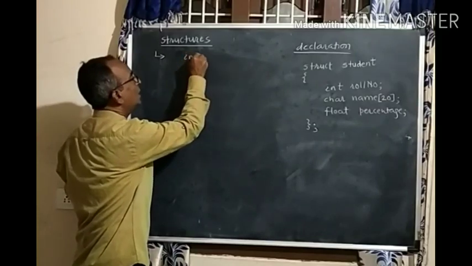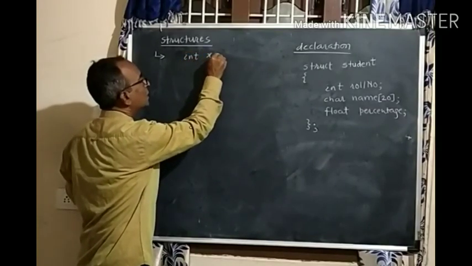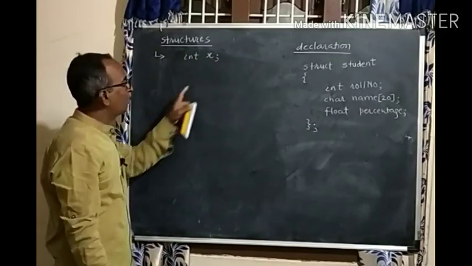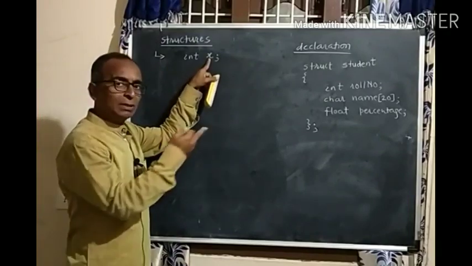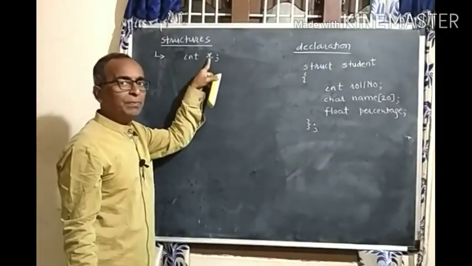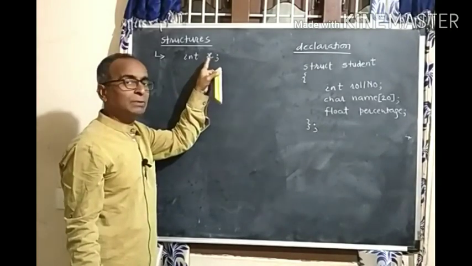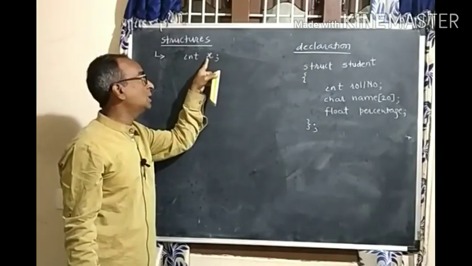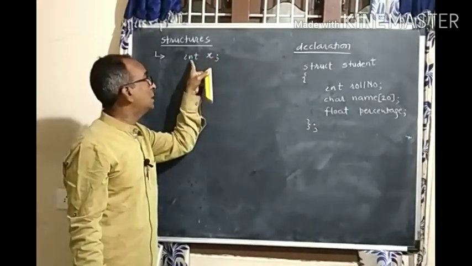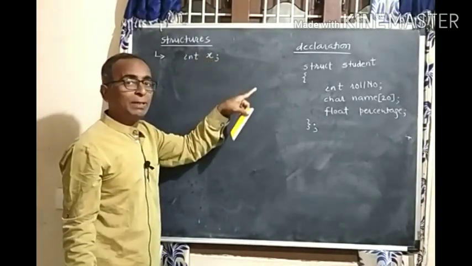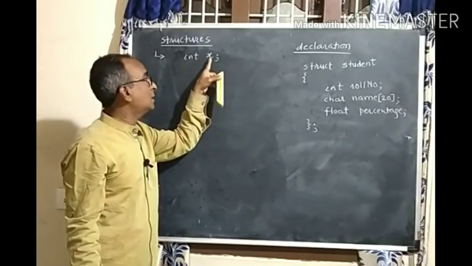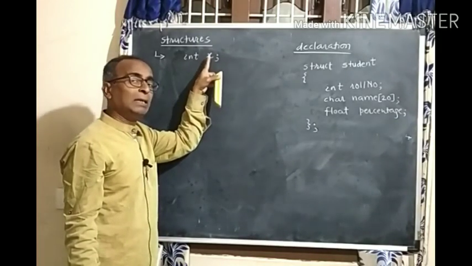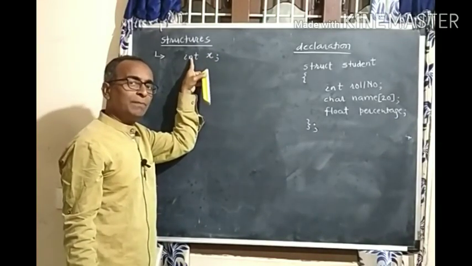When I say integer x, what will happen? x will be given some memory location and some integer value will be stored in x. So memory is allocated here. This is declaration as well as definition. Declaration tells the compiler that x is of type integer.